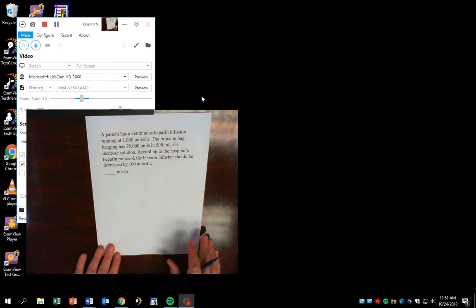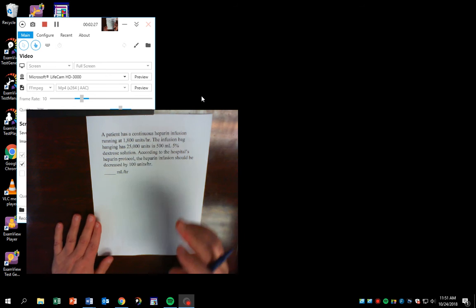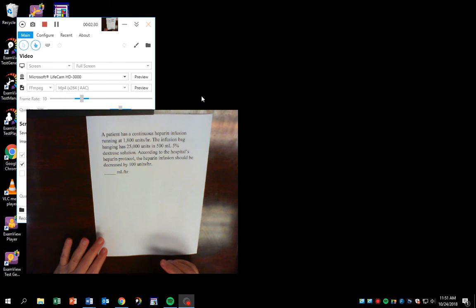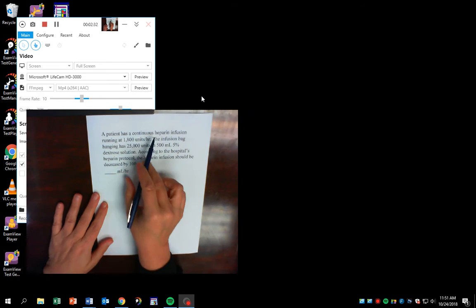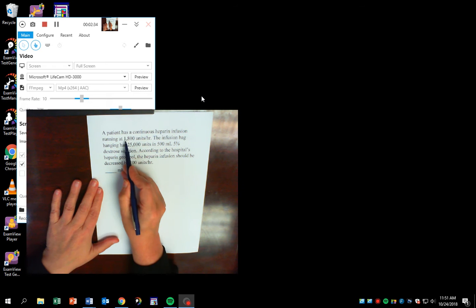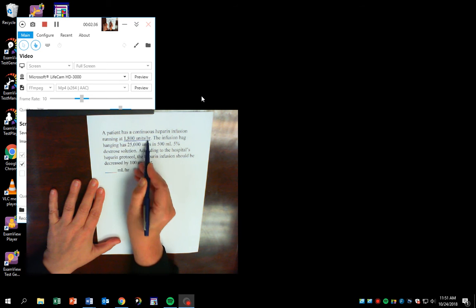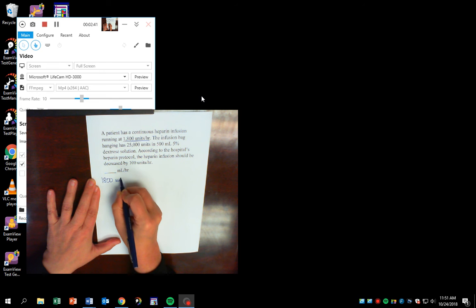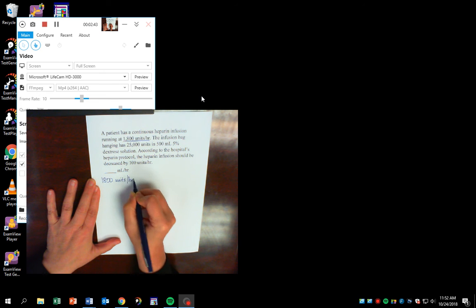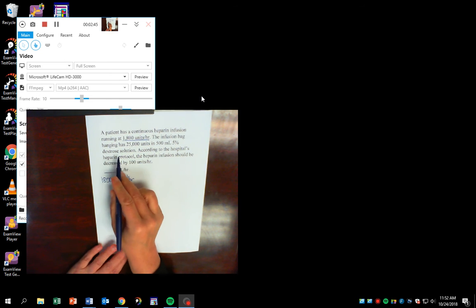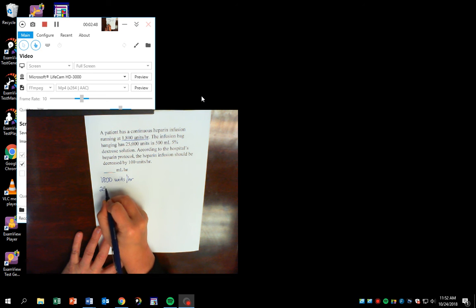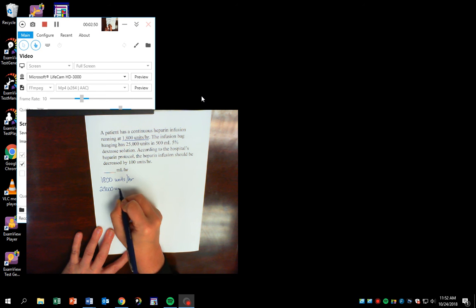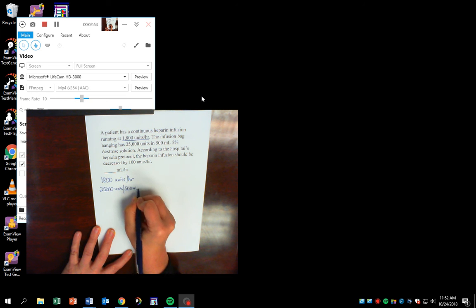Okay, now we have another example for this week's questions. So a patient has a continuous heparin infusion running at 1,800 units per hour. The infusion bag hanging has 25,000 units in 500 milliliters of 5% dextrose solution.